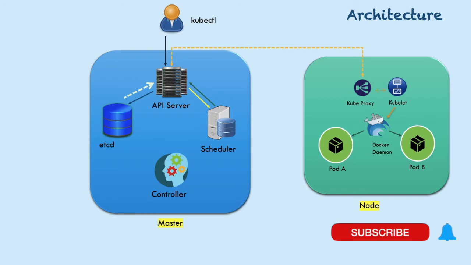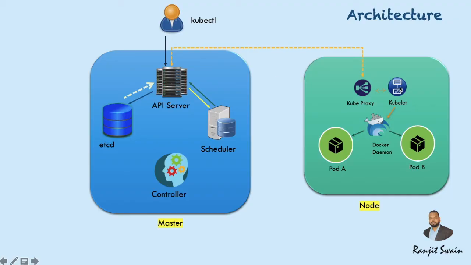Now once the container gets created, the information will be sent back to the API server through the kubelet. The agent will send the information back to the API server, and then the API server will persist the data to the etcd database. So now the data or information is saved into the etcd database.